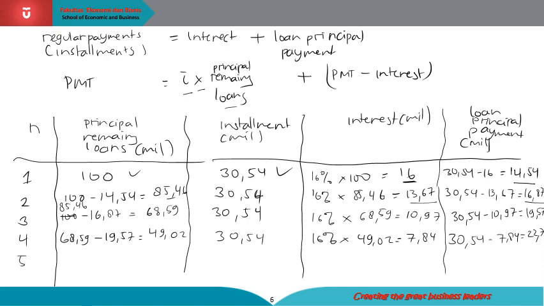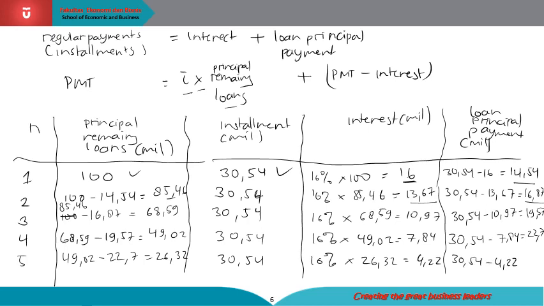Now here at the end of the year, it is 49.02 minus the principal payment, which gives 26.32. So again, this is 30.54. 16% out of 26.32 is 4.22, and 30.54 minus 4.22 is 26.32.